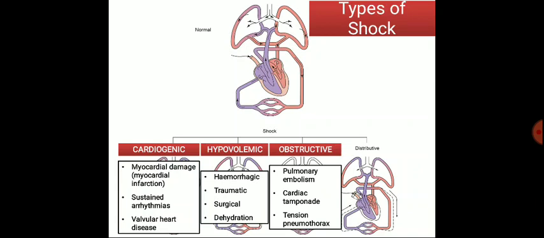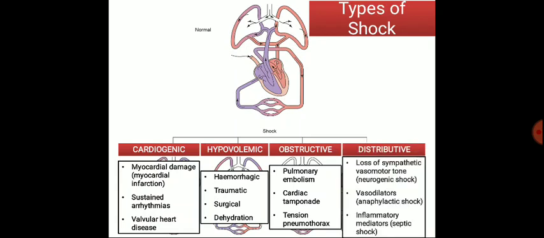Obstructive shock: pulmonary embolism, cardiac tamponade, tension pneumothorax. Distributive shock: loss of sympathetic vasomotor tone, known as neurogenic shock; anaphylactic shock, because of vasodilator inflammatory mediators; septic shock. So there are four types of shock, and according to signs and symptoms they are divided into different types.